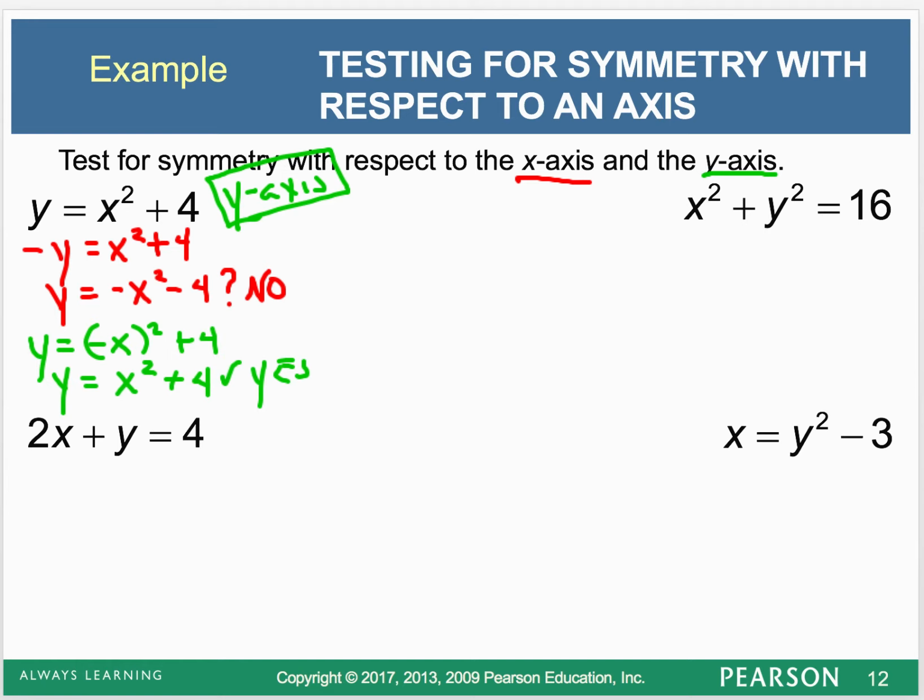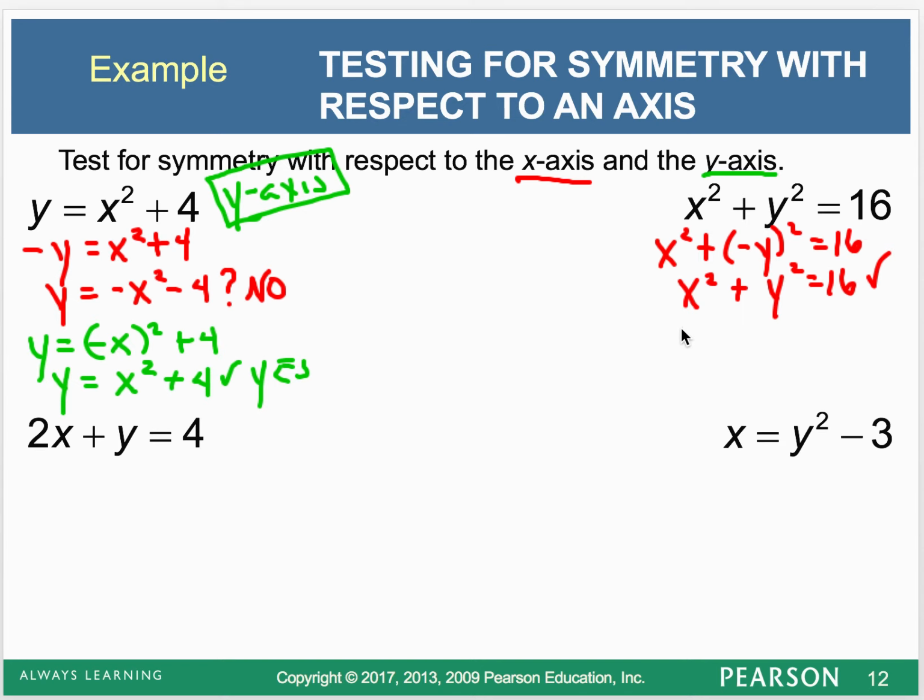All right, let's go back to this one and let's check x-axis symmetry. So x-axis, you replace the y with negative y. So x squared plus negative y squared. And then simplify it, again, a negative squared is positive. Okay, it is symmetric with respect to the x-axis.